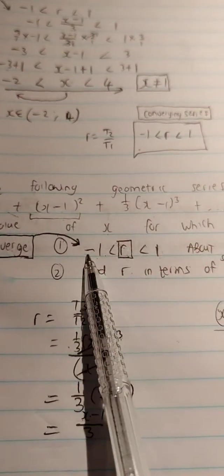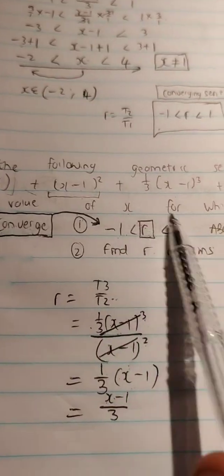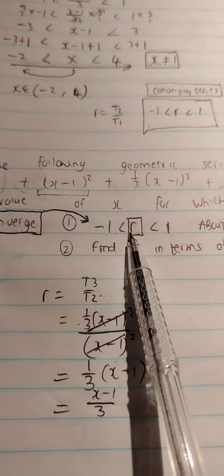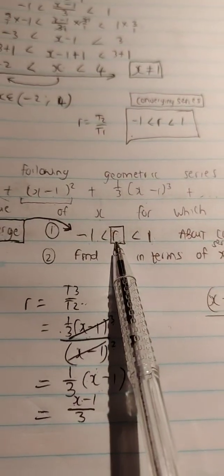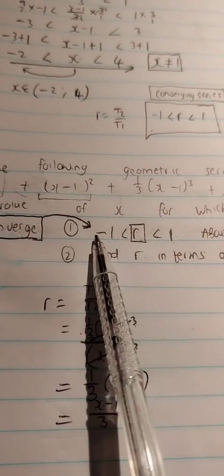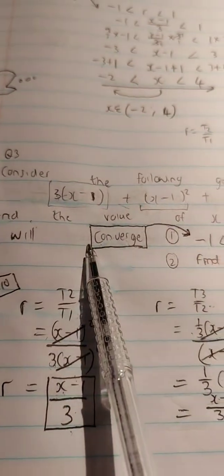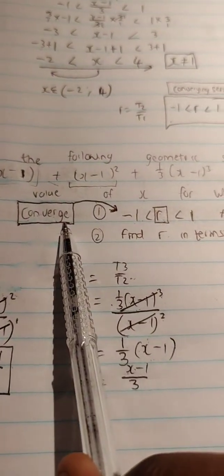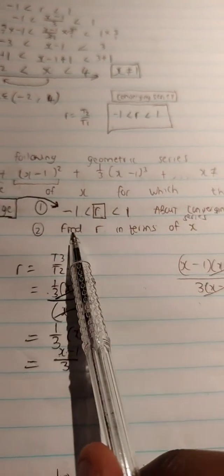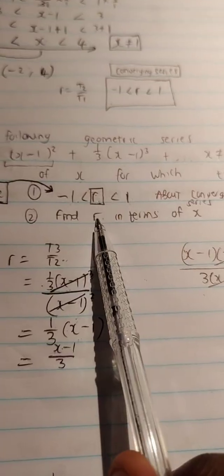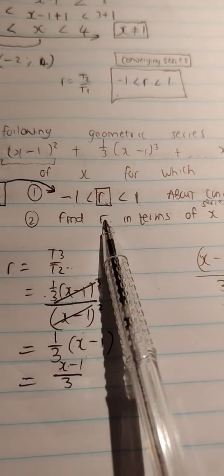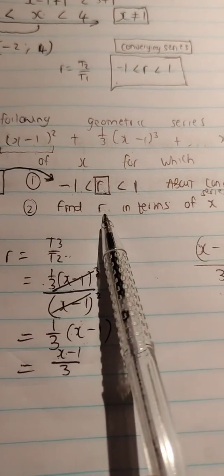So we know that this is the inequality we are going to be working with as far as the constant ratio is concerned, because this is the condition that must be in place for a series to converge if it's geometric. So our next step is to find r. What do we mean by r? The constant ratio. Why do we want to find the constant ratio?